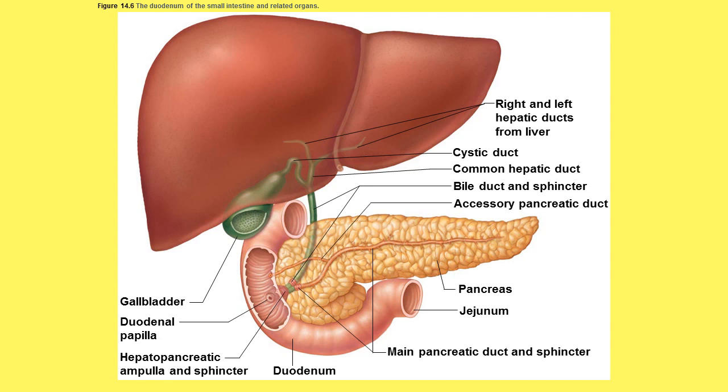The pancreas also produces insulin to help break down glucose. The pancreatic juices move through the pancreatic duct and drain into the small intestines. It's also at the same location where the bile duct brings the bile.